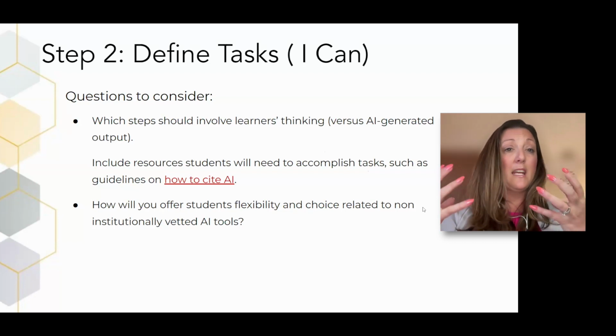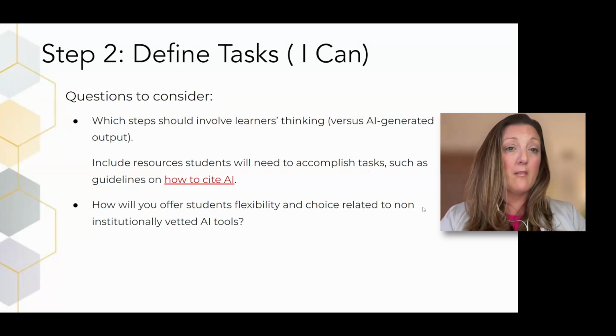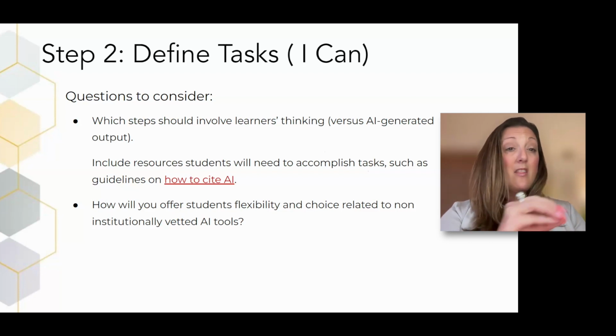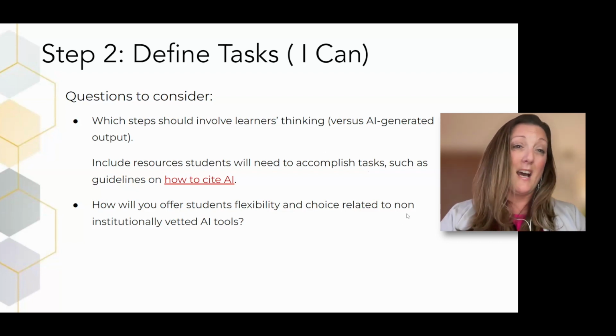So just kind of thinking about throughout your mapping of an assignment, how could a student do this without using that specific tool if it has not been vetted institutionally is going to be really important.